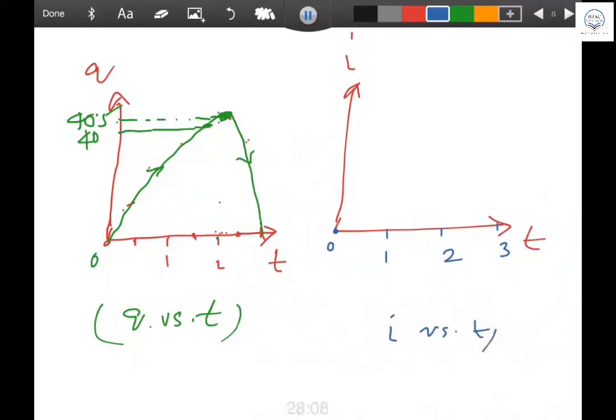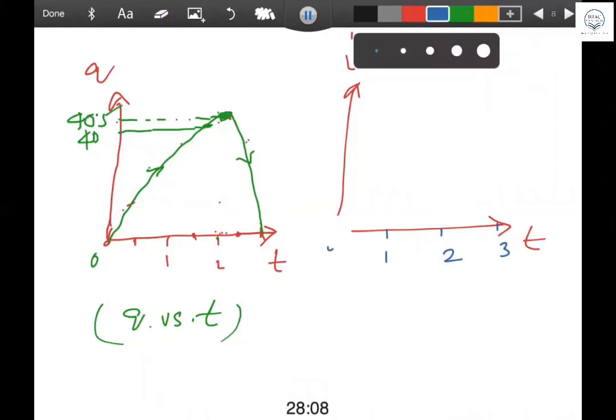But I'm just going to draw it later. Now look at it. The first point is coming here at 0, 0. Then 1, 0.5, 0.2, 0.3. If you go like that, the points are coming in that way.